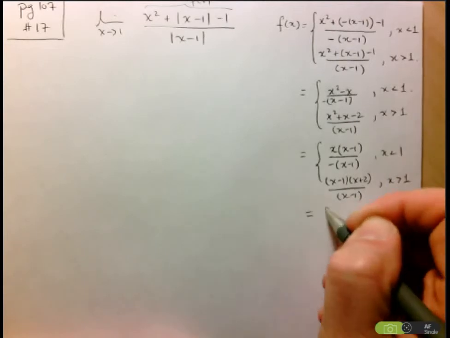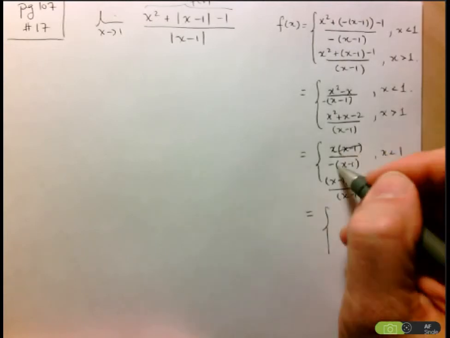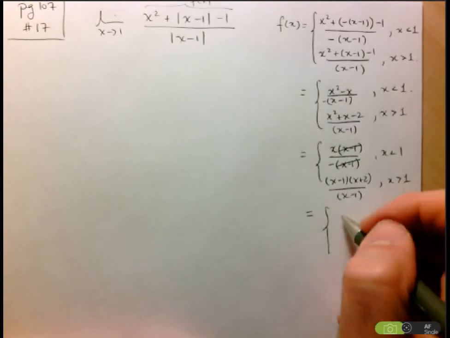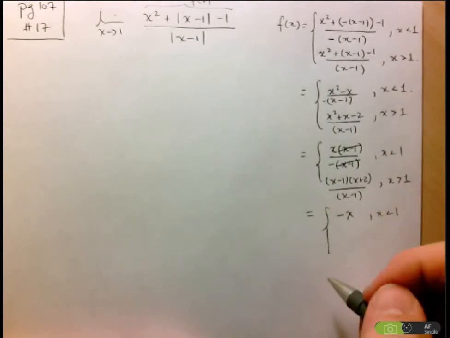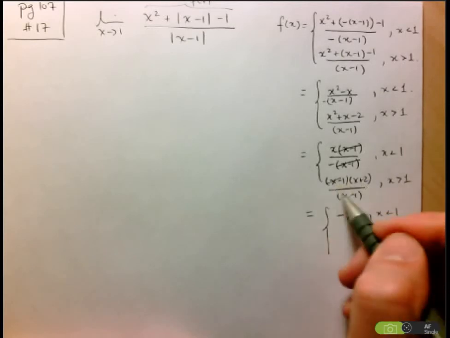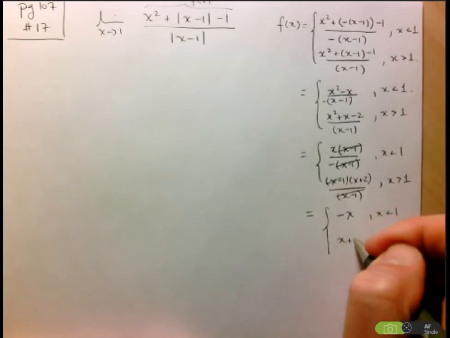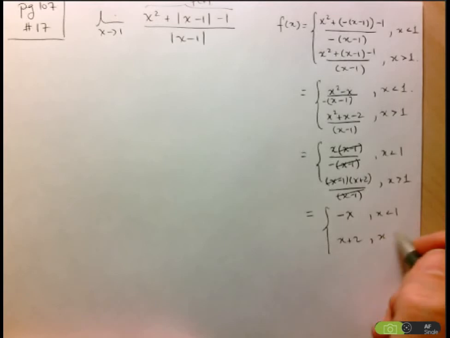And then finally, these cancel out. I'm just left with negative x when x is less than 1. And here I'm left with, once these cancel out, just x plus 2 when x is greater than 1.